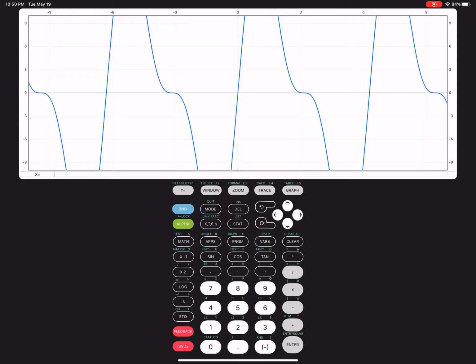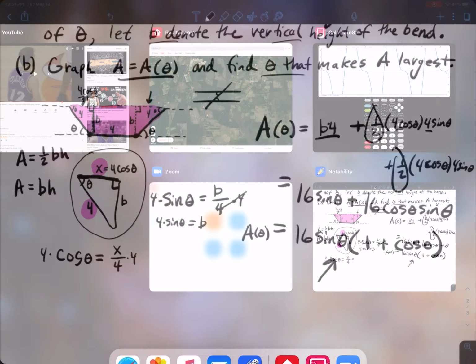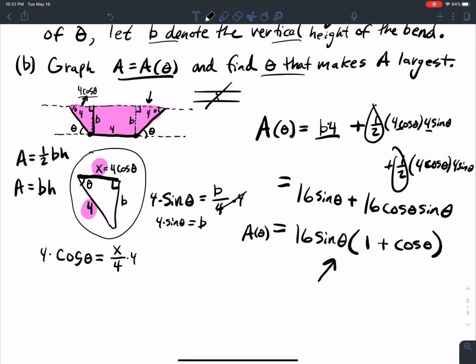Now my theta here, I'm going to restrict from 0 to pi over 2, since if I angle it up any higher, then it's going to cause issues for us. If you think about it, why would I not want to angle it any higher than pi over 2 for theta? If it's pi over 2, then it's exactly a 90-degree angle there.